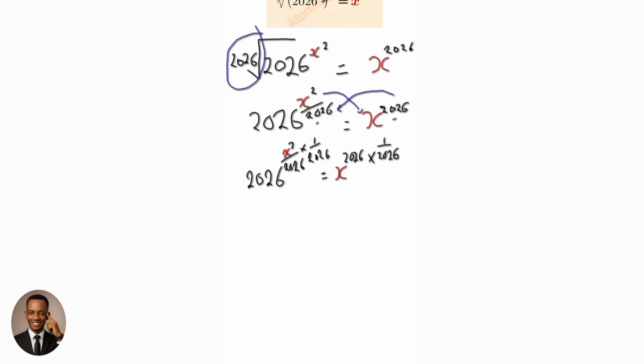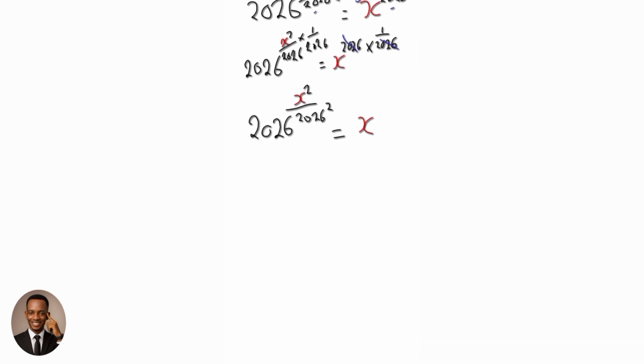Yes. Then after that, you can say 2026 cancels 2026, right? And also at the left hand side, you can multiply 2026 by 2026. So we have 2026 to the power of x squared over 2026 squared. After multiplying them, then equals to x to the power of 1, right?